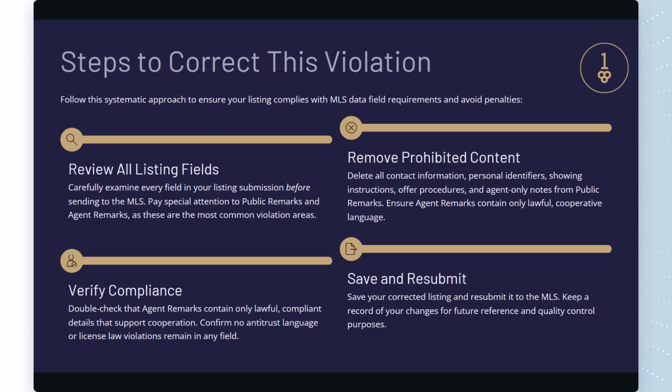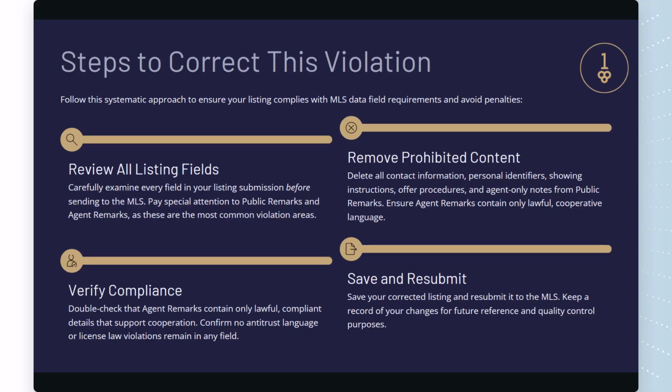So if we do find ourselves in non-compliance, here are some steps we can use to correct this violation. First of all, obviously, we want to review all the fields in our listing before we submit that listing. Let's pay special attention to public remarks and agent remarks, especially since these fields receive the most violations.